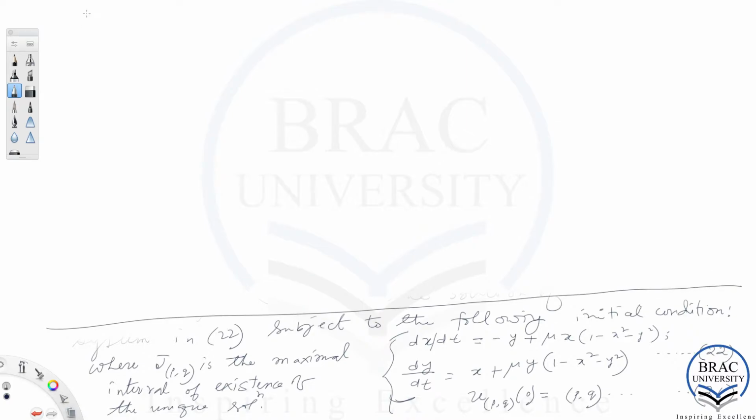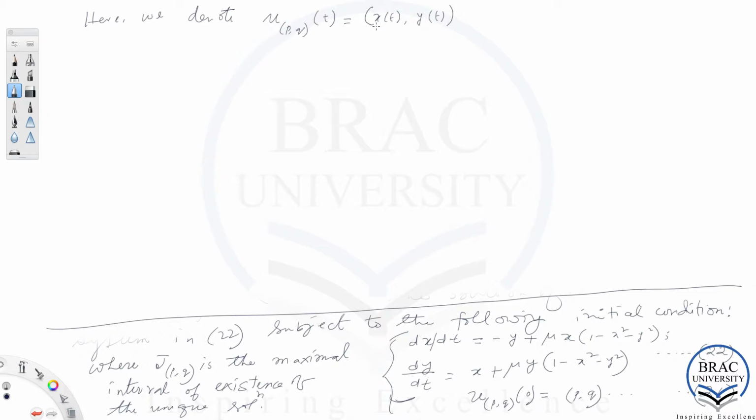here we denote, see that u sub p comma q at t is a vector in R2, and we denote it by x of t comma y of t. So it's a vector with x component and y components.